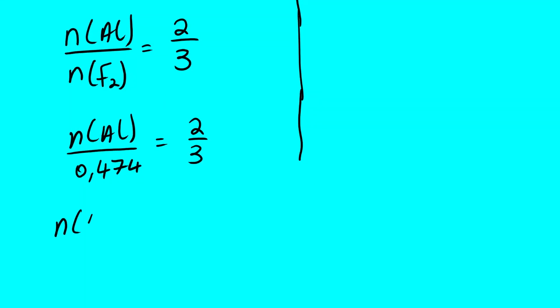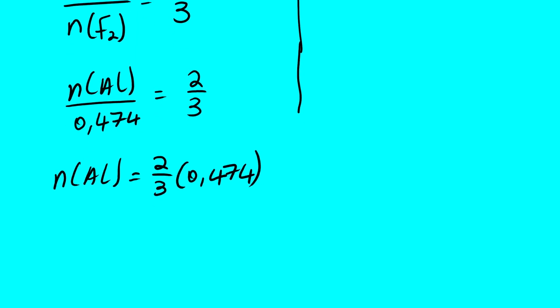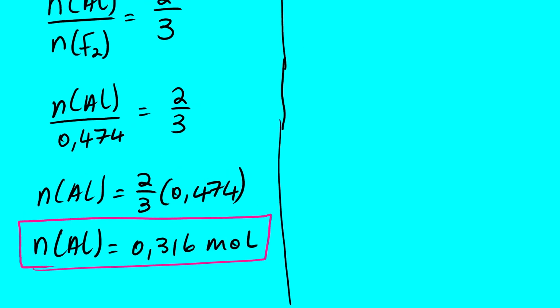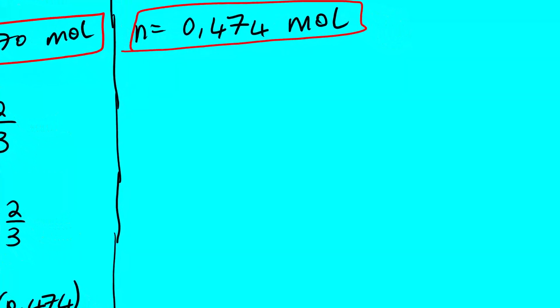Multiplying both sides, we end up having 2/3 times 0.474. Aluminium is equals to 0.316 mole. This is the second number of moles. We need to continue. Before comparison, let us quickly do this one.